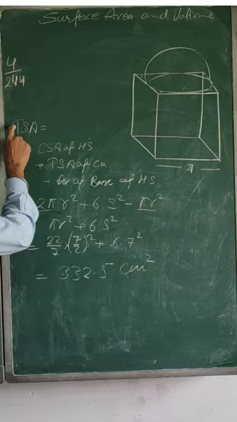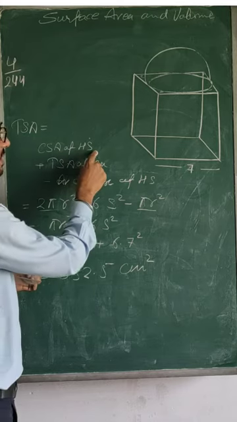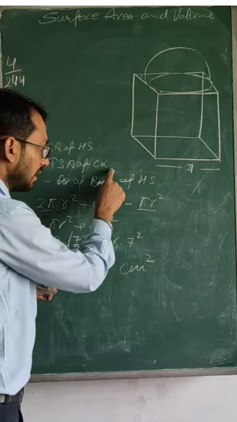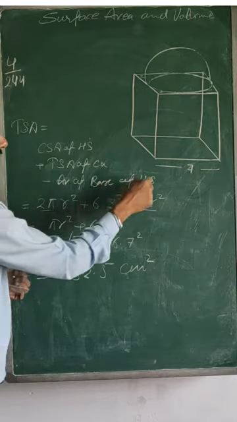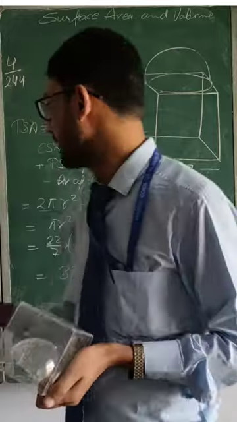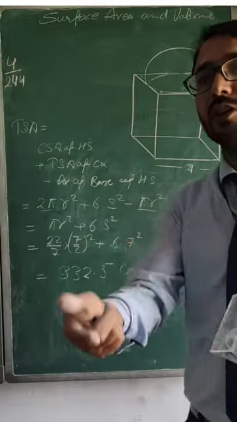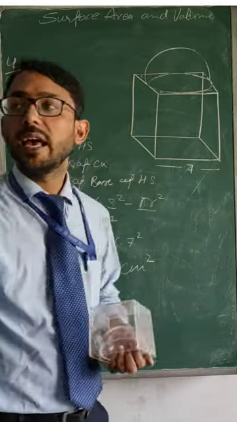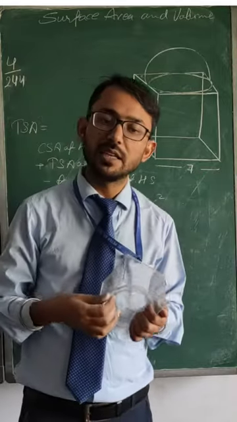So the formula will be the same. Total surface area equals curved surface area of hemisphere plus total surface area of cube minus area of base of the circle. Now the side in this case was given as 7. In that question it is said that the side or length is L. Diameter of the hemisphere is L.